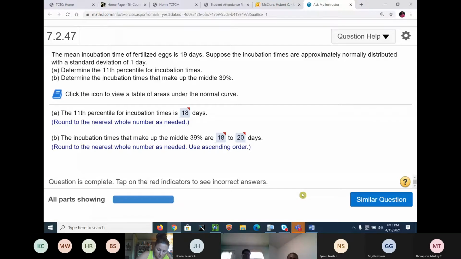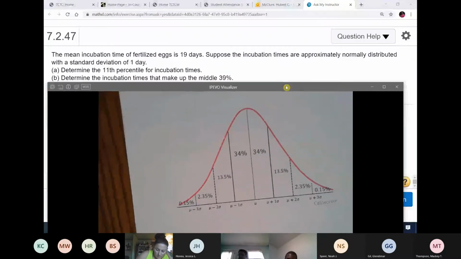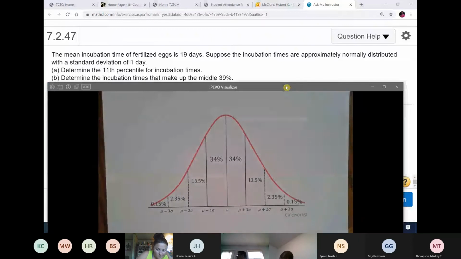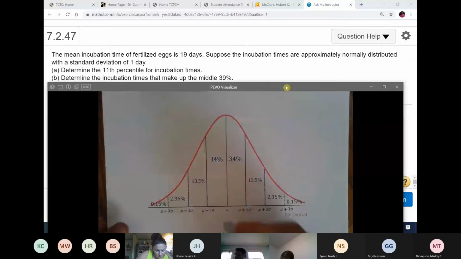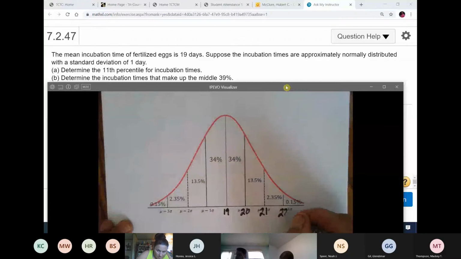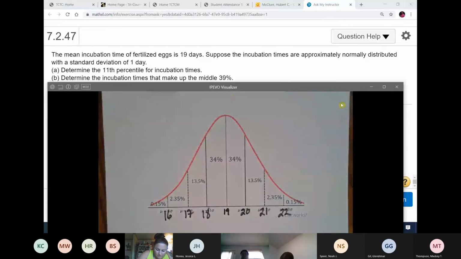I'm writing the question. So 19 in the middle, 20, 21, 22, 18, 17, 16. I did that all by myself without a calculator.